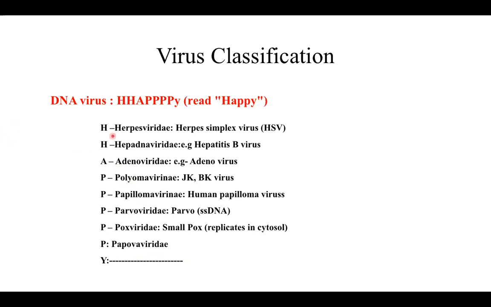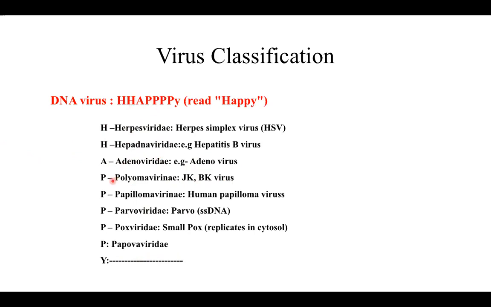Here, in order to memorize the names of DNA viruses, the mnemonic is HHAPPPP. H stands for the herpes virus, herpes simplex virus. H stands for the hepadnaviruses, that is hepatitis B. A stands for the adenovirus. P stands for the polyomavirus, that is JC and BK virus.